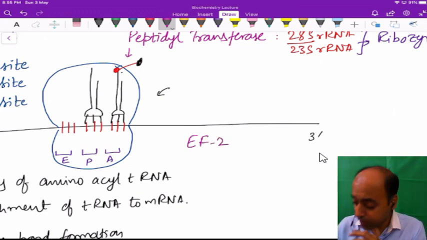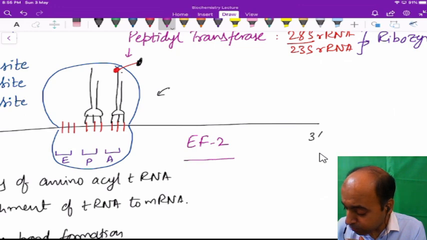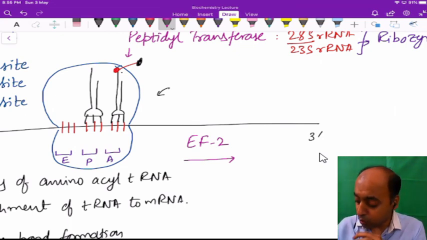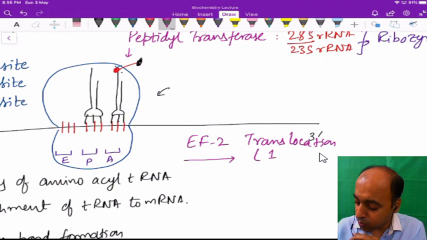What it does, it pulls the ribosome forward by one codon, and this process is known as translocation. Please note, translocation requires 1 GTP.